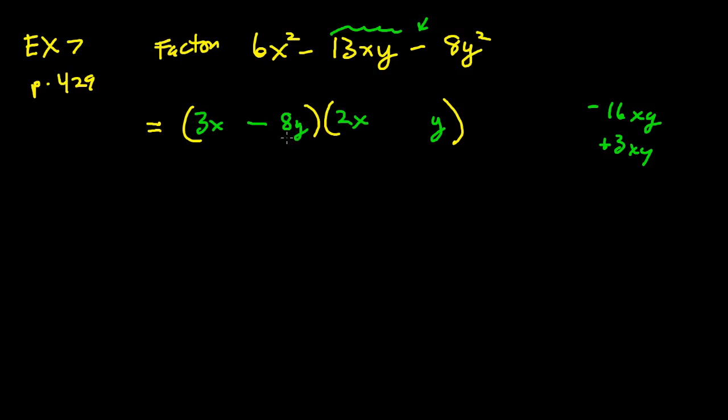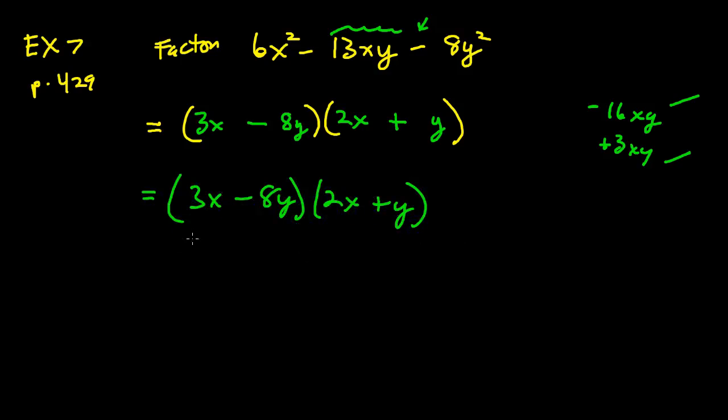That way the inner product is minus 16xy. The outer product, put a plus y here, and 3x times y is 3xy. Again, that's what I needed. So I think we're all set. Let's write this down: 3x minus 8y times 2x plus y.